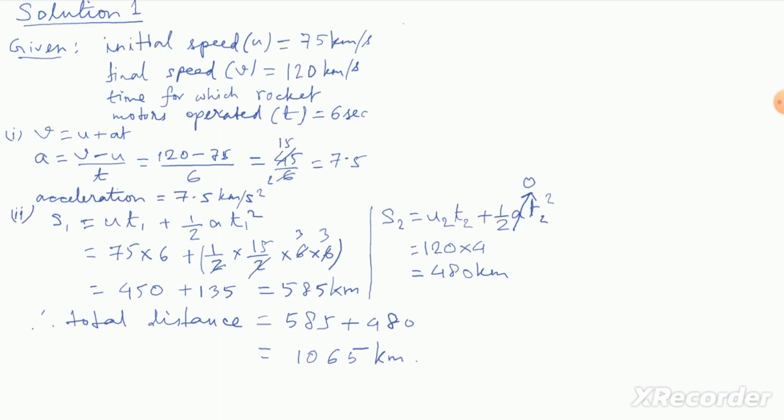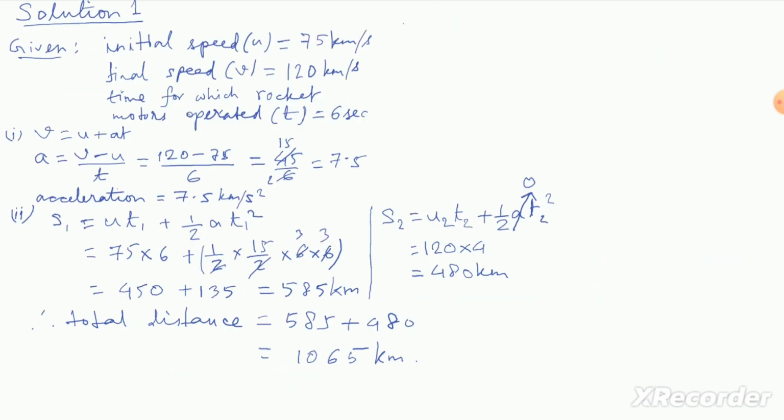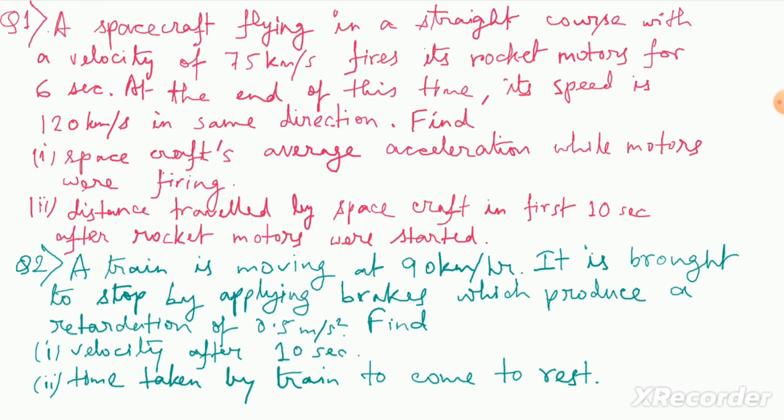Then it is brought to a stop by applying brakes, which means the final speed v turns out to be 0 kilometer per hour. Then it says it produces a retardation of 0.5 meter per second square.